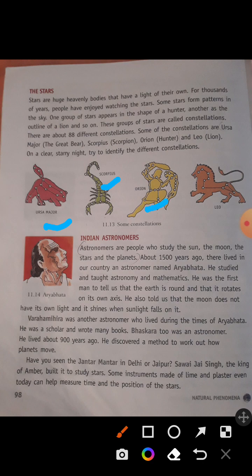The next one is Leo, lion. So, on a clear, starry night, try to identify the different constellations.